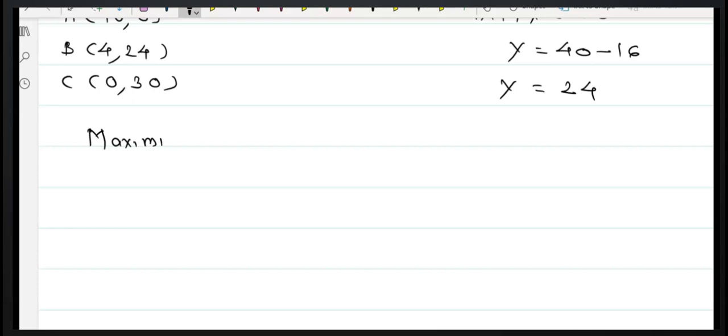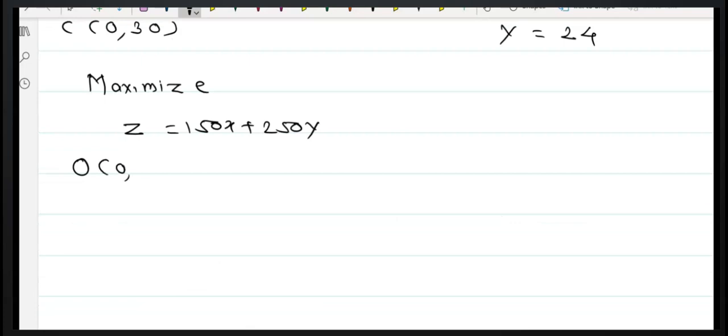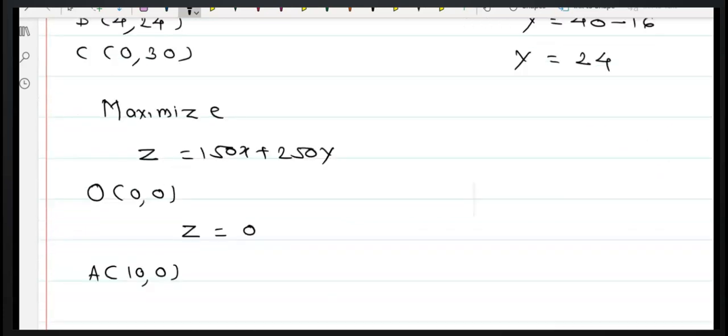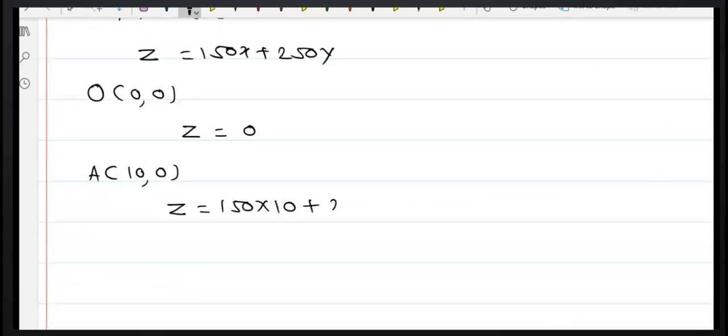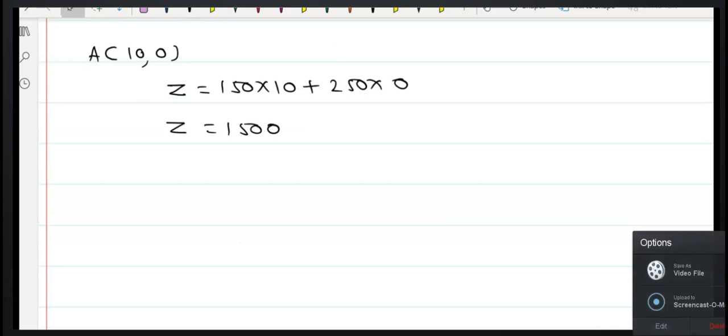Now find out the value of Z. Maximize Z = 150x + 250y. At O, we have 0. At A (10, 0), you will get 1500.